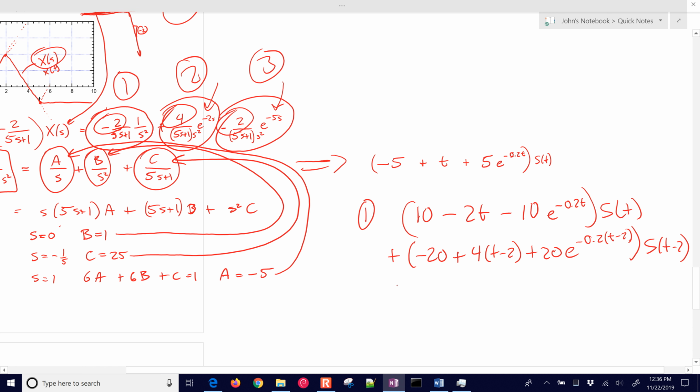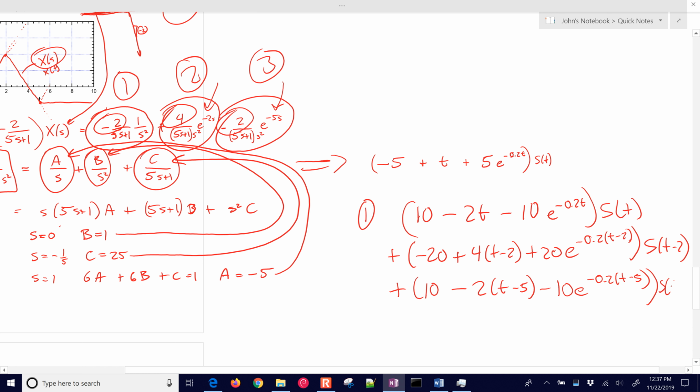Our final one now is going to be a plus, and then just the same thing as we had before, but now the time shift is just by 5. Let's see, I have to do a minus 10 here instead. Minus 10 times e to the minus 0.2 (t minus 5).